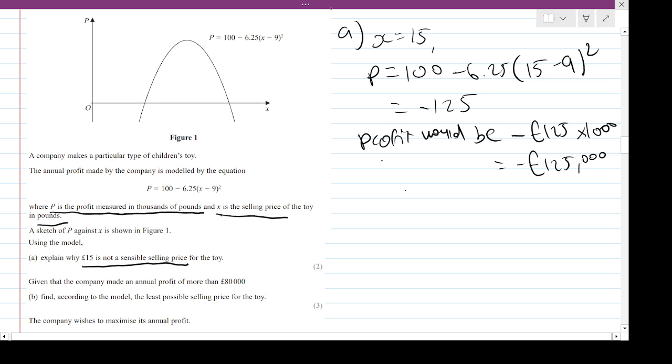Now, that's a negative, so that's telling you it's a loss. Remember, a profit in a business can be negative in theory, because that's telling you you're making a loss. But why would you want to sell your product if you're going to make a loss and screw your business over? So actually, that is why it's not a sensible selling price. You'd make a loss of that amount, so 125,000.